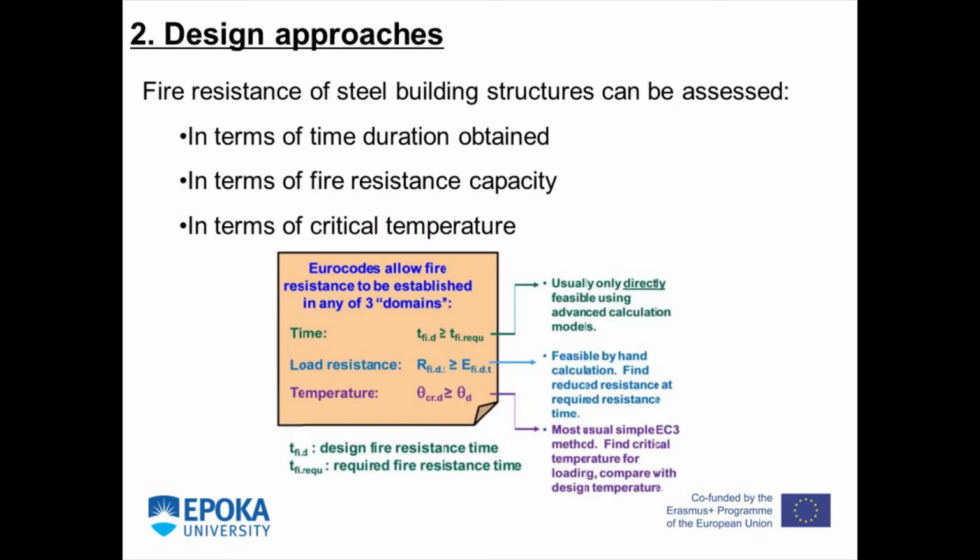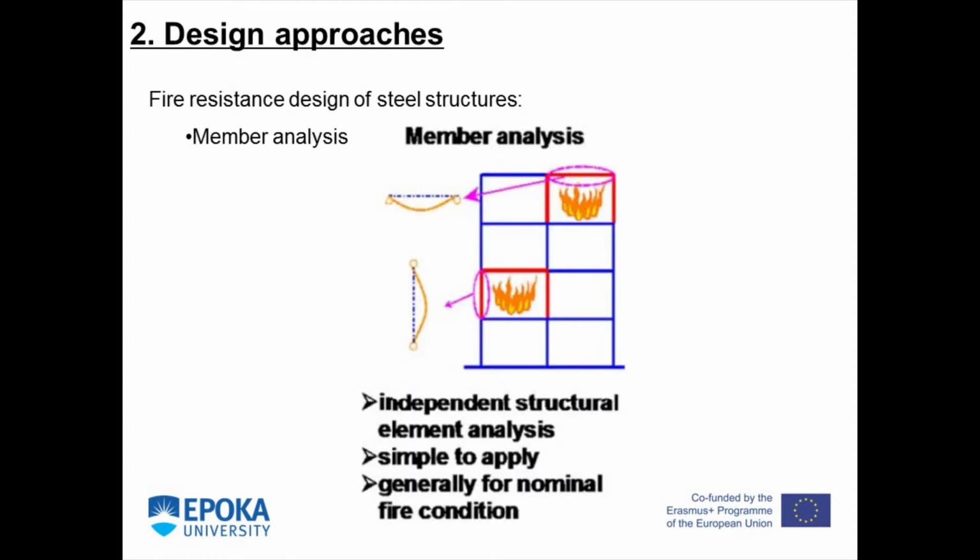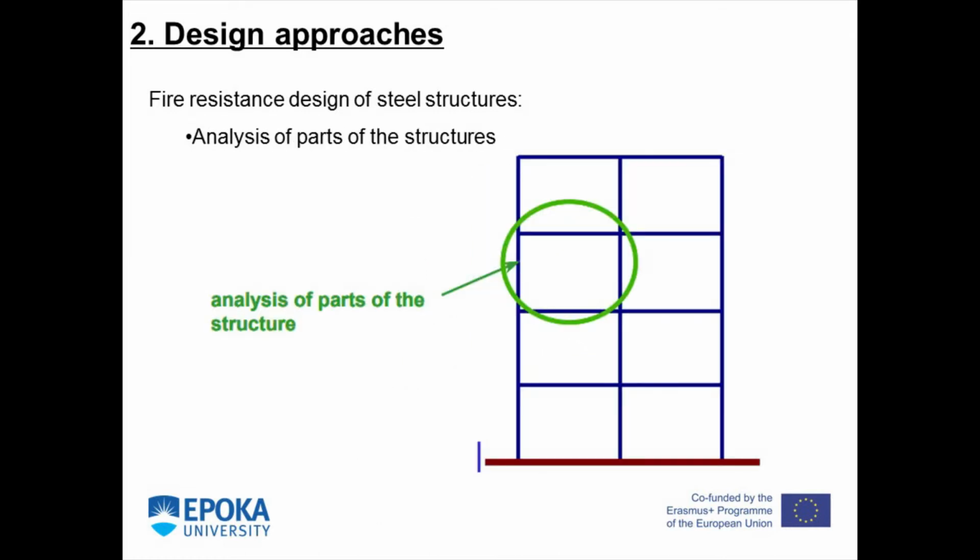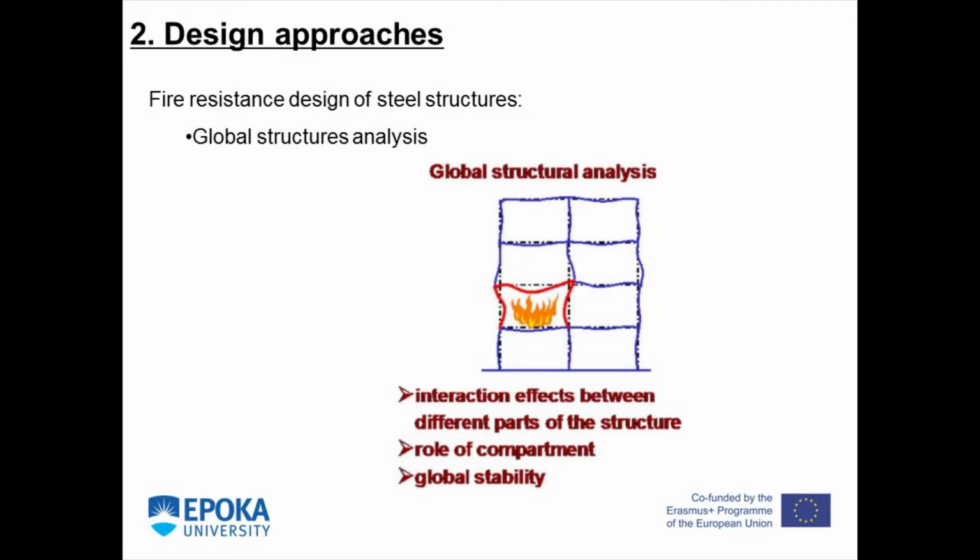Fire resistance of steel building structures can be assessed in terms of time duration, in terms of fire resistance capacity, in terms of critical temperature. Fire resistance design of steel structure: member analysis, analysis of part of the structure, and global structure analysis.